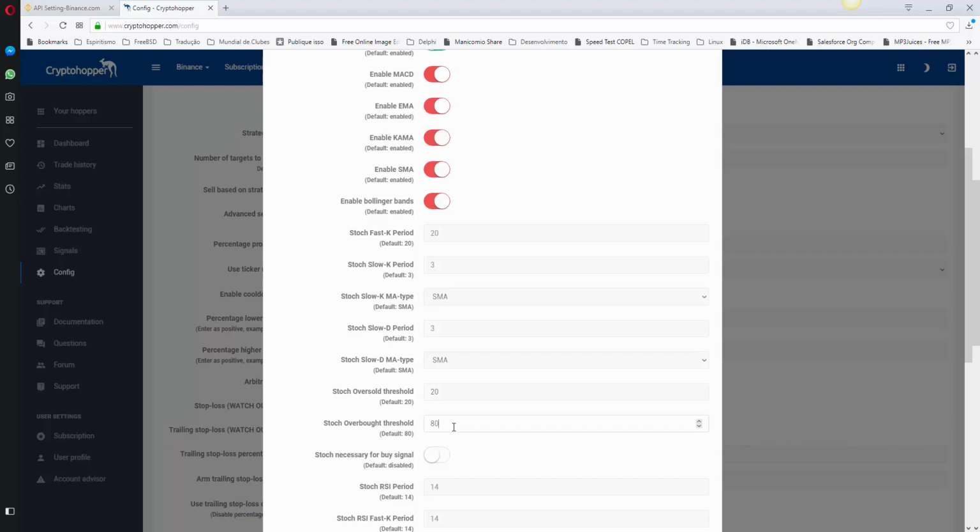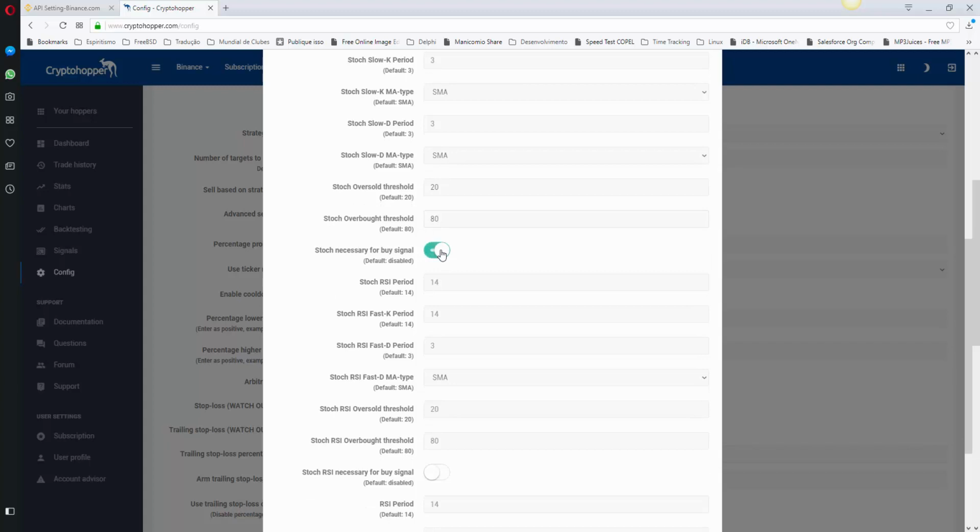Sometimes you can be a little more aggressive and use like 97, 98, 95 here, so you will work like what people call a scalper. But normally the default settings are good enough for you to work. So I will leave the defaults here and you can change them if you want.